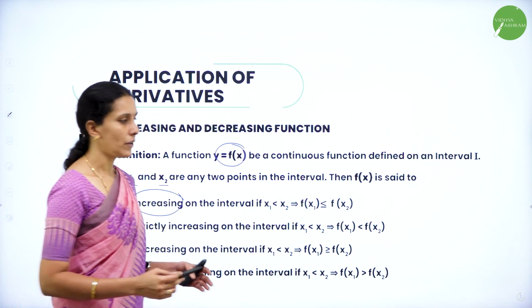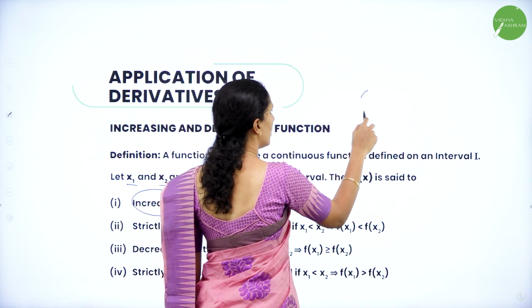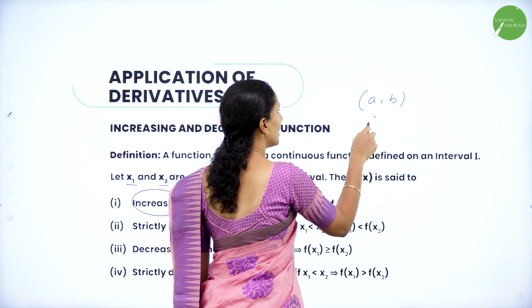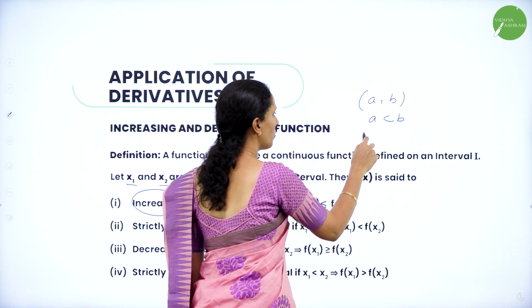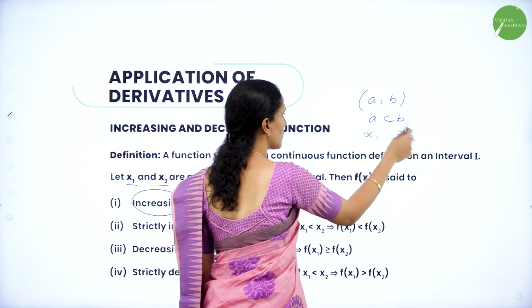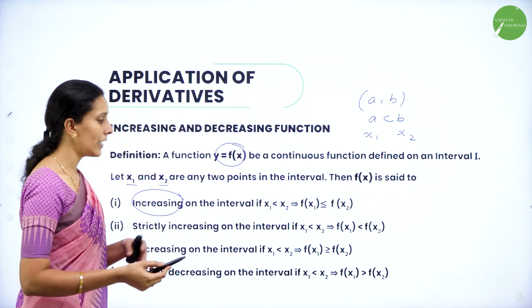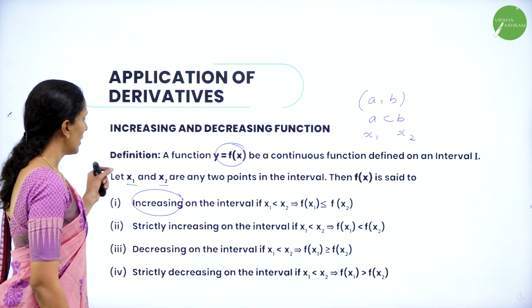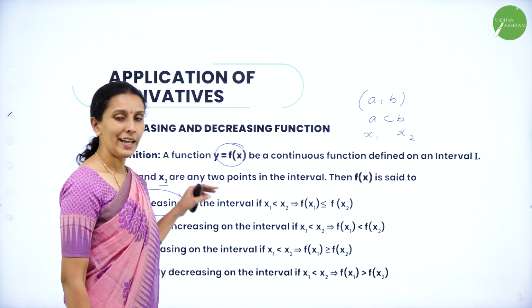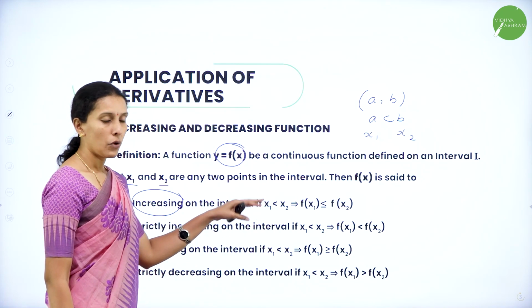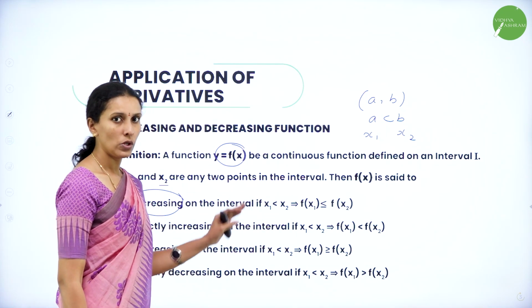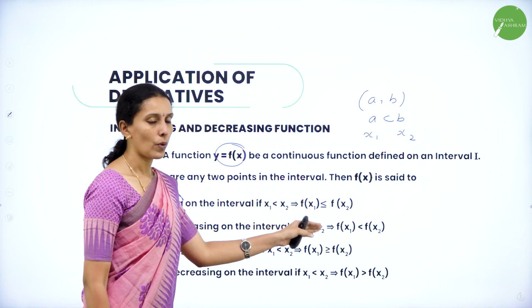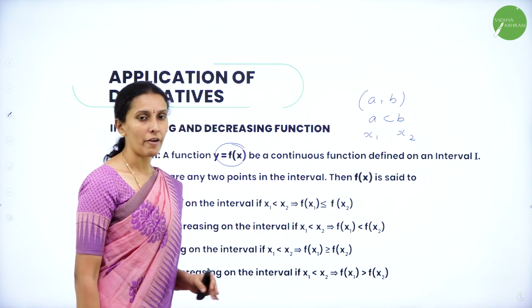In any interval a, b, it is clear that a is always less than b. Suppose you take any 2 points x1 and x2 from this interval, it is clear that x1 is always less than x2. So a function is said to be increasing in an interval where x1 is less than x2 such that f of x1 is less than or equal to f of x2.